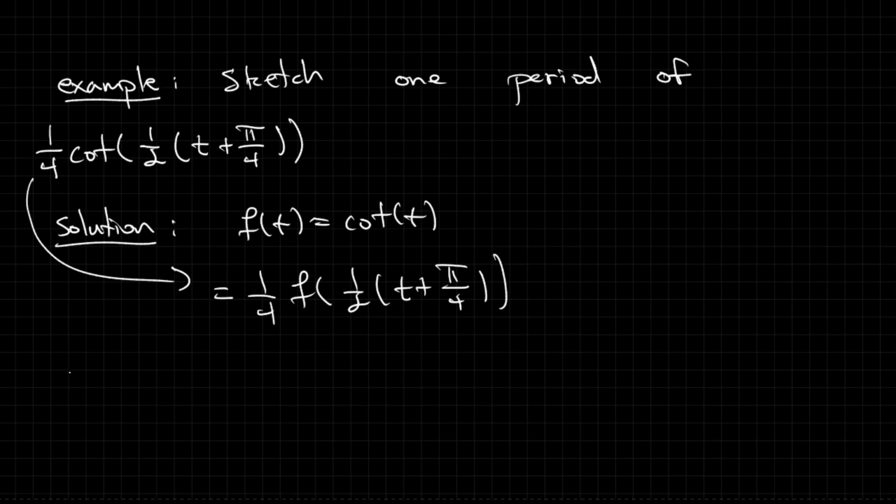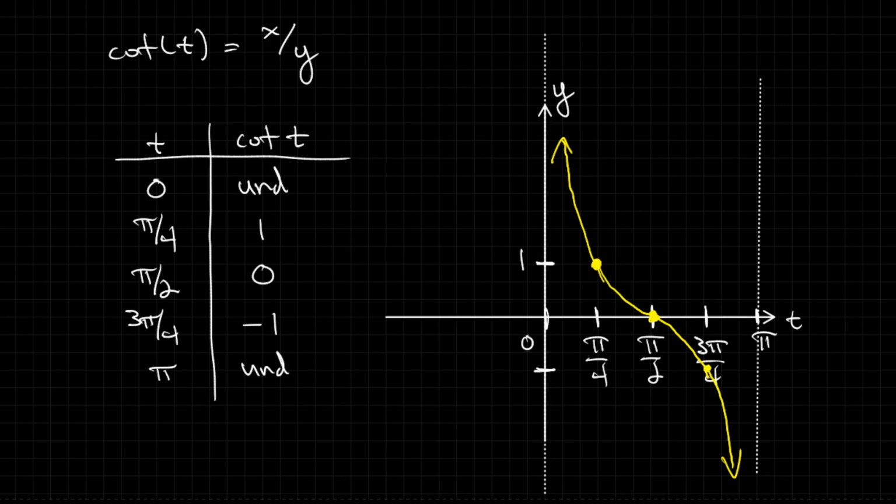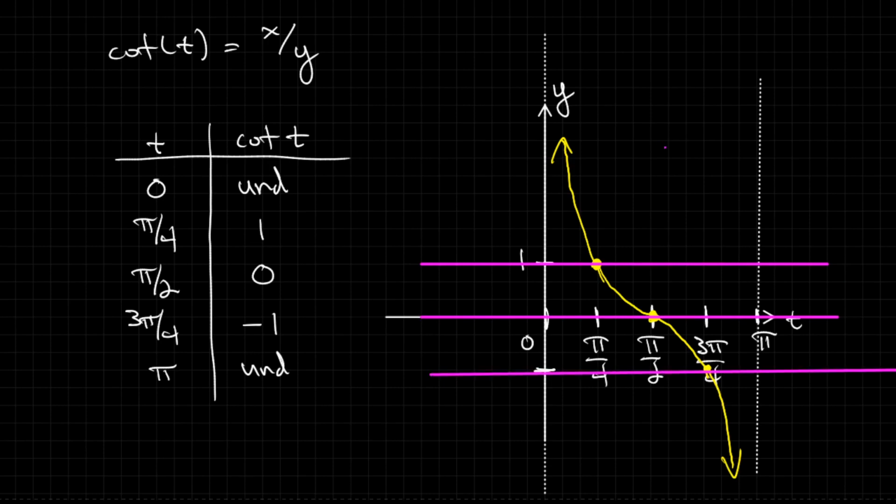So now we'll go ahead and identify the midline and the upper and lower lines. While I didn't make this remark when I sketched this graph, you can clearly see that the midline and upper and lower lines are the same for cotan as they are for tangent.